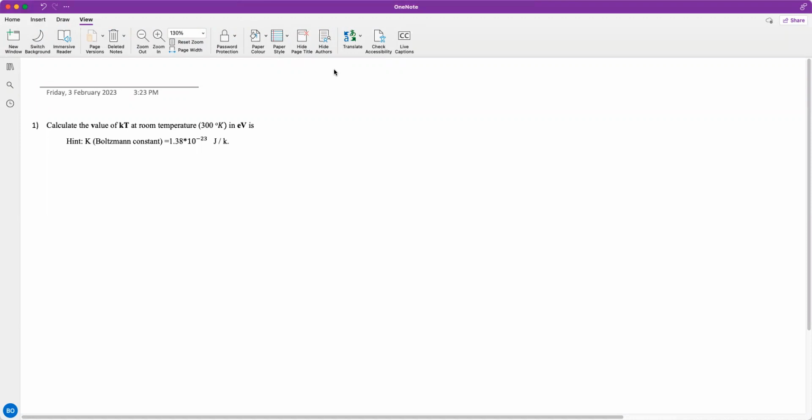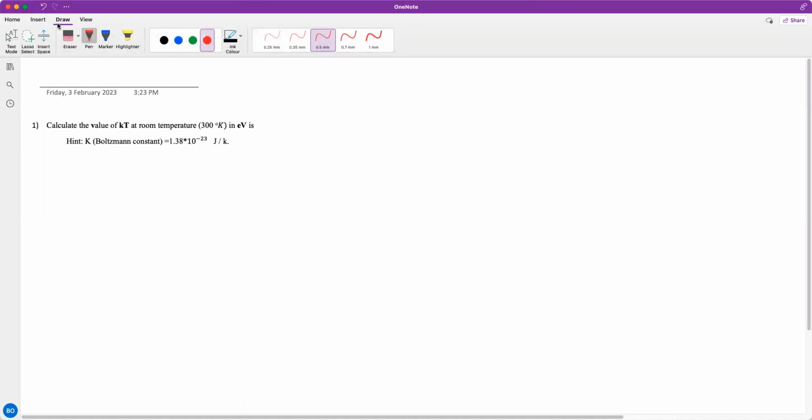Okay, so calculate the value of KT. I saw some students struggling a lot with this problem, because you did not read the question. K is the Boltzmann constant, and T is the temperature. Here I'm just asking K times T, in electron volt, because this is energy.